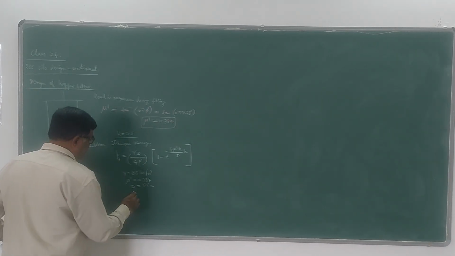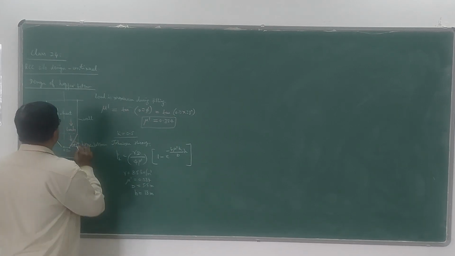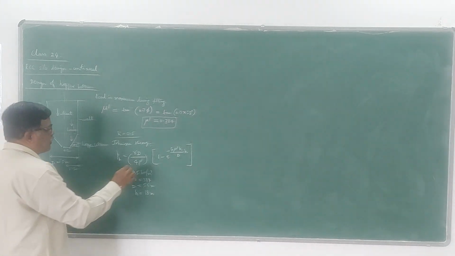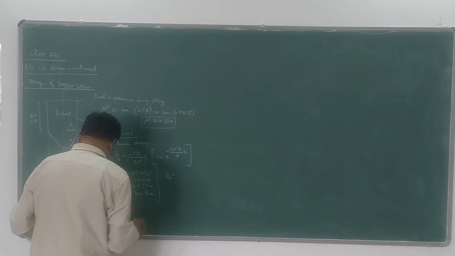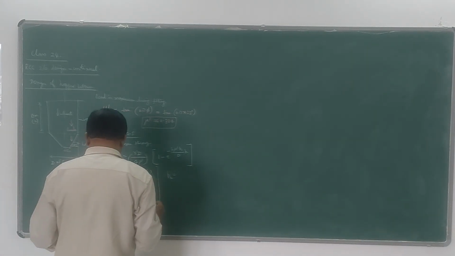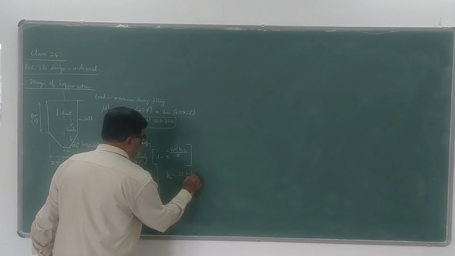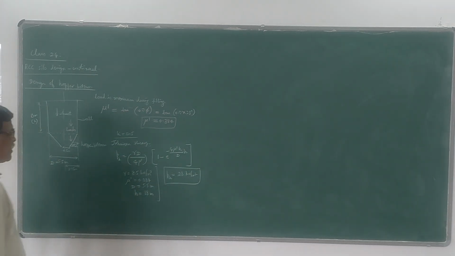H value is the total height of the cylindrical portion, which is 80 meters. Now if you substitute all these values and simplify, you will get pH value as 28 kilonewton per meter square. This is the horizontal thrust or the pressure.